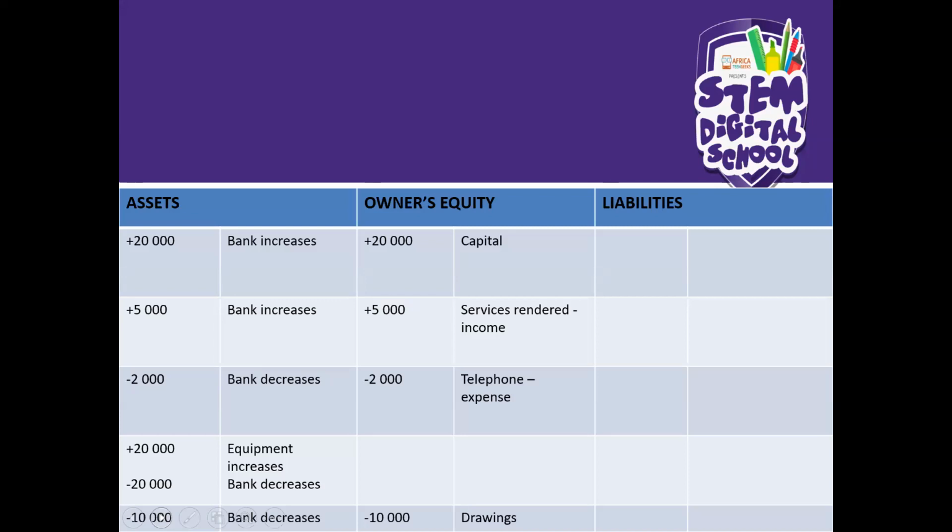And then you need to know what capital is. Capital falls under owner's equity. Remember, what you do with assets, you're going to do with owner's equity. So if it's a plus with assets, then it's a plus with owner's equity, 20,000, and you say it is for capital.